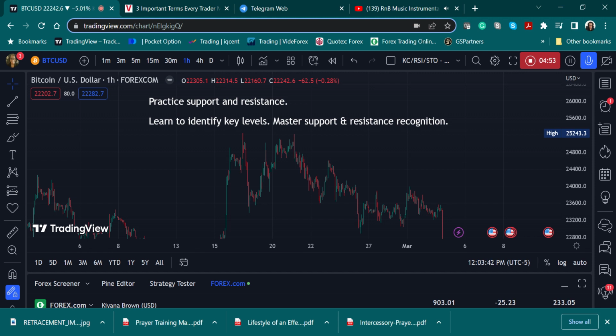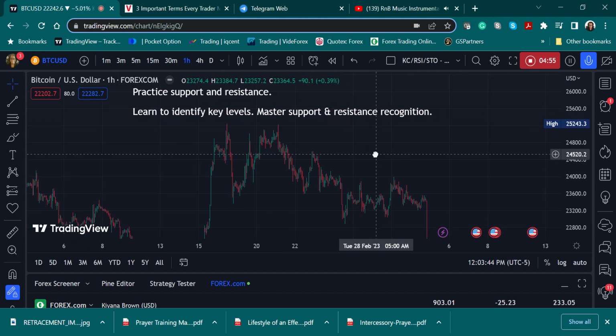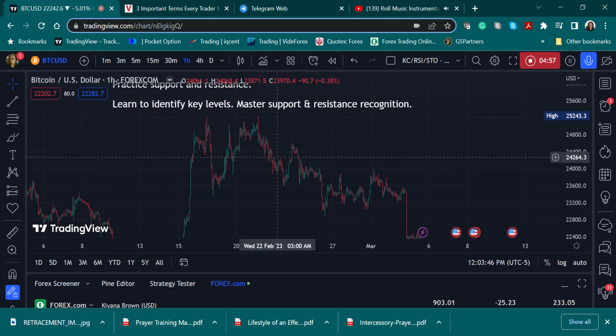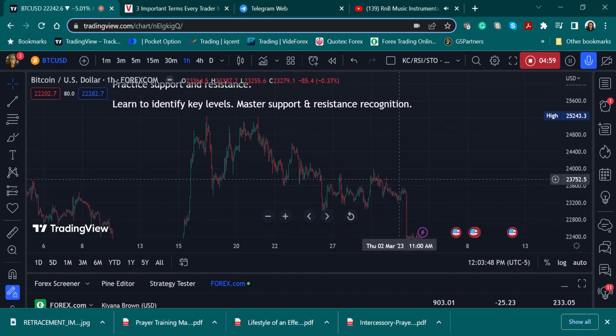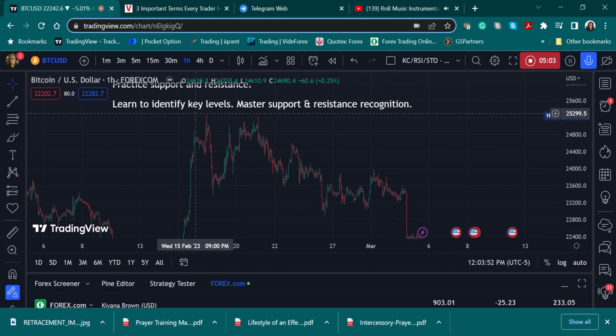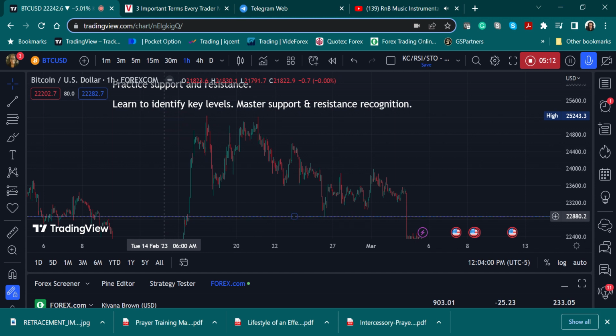So let me go ahead and demonstrate that. As you can see here, I have what we call a ranging market, where the market is just moving sideways, and then we see a drop down. But before we get there, let's just map this out. So here's support. Support is always at the bottom, so I'm going to put a line there.